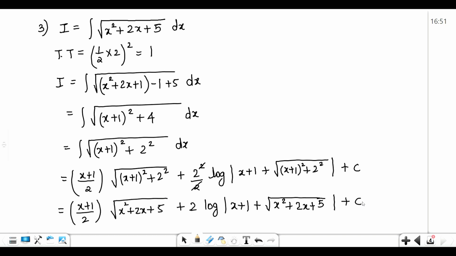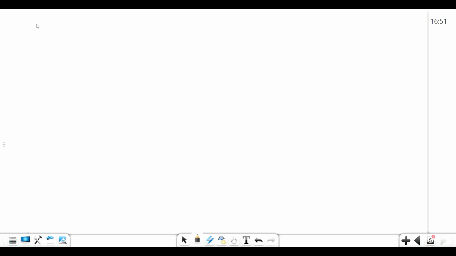Okay, now we are going to do another question, which is based on the substitution as well as this formula. Okay, so let's just do, it is a good question here, that is integration sec square x multiplied with tan square plus tan x minus 7 dx.